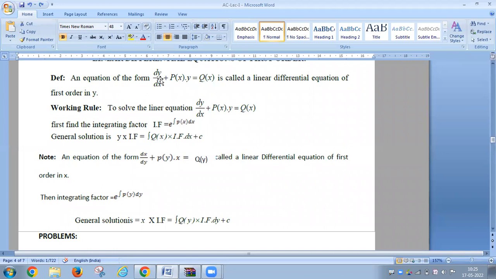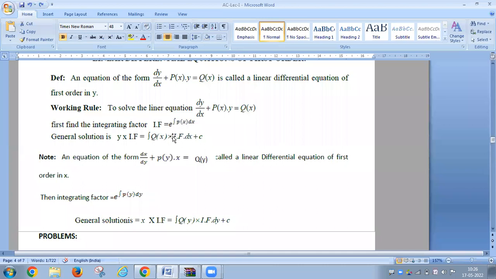Here if you observe, when the form is dy by dx plus p into y, y is the dependent variable and x is the independent variable. So for the integrating factor e power integral p dx, we integrate with respect to the independent variable.